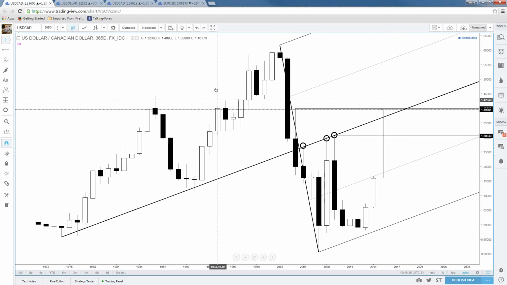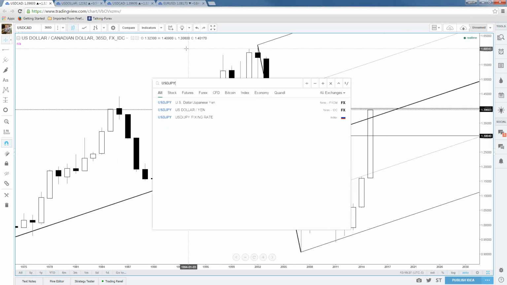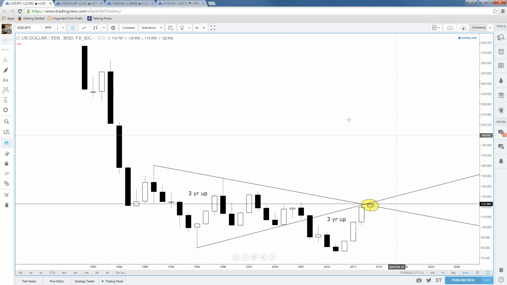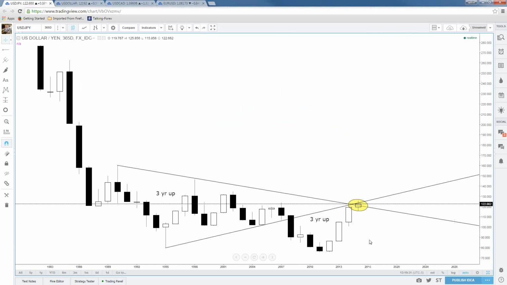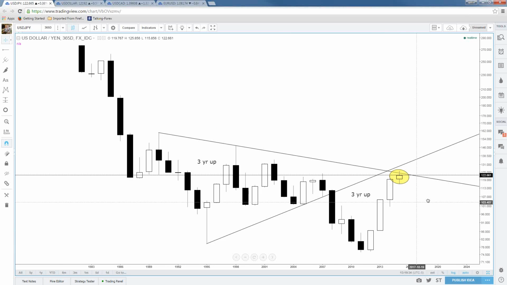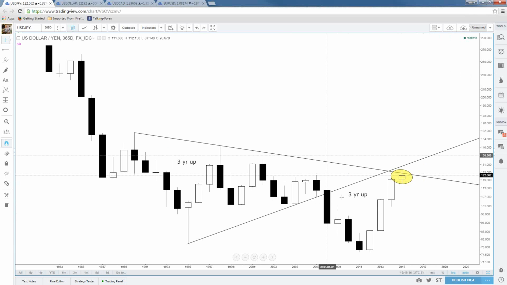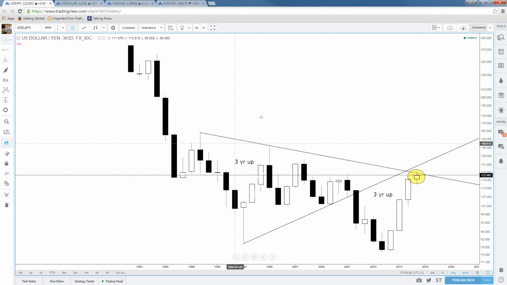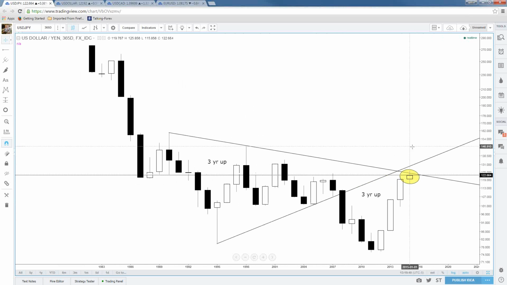Two more interesting ones, of course. Dollar yen's one of them. Okay, dollar yen has actually never been up 4 years in a row. Not yesterday, what am I talking about?